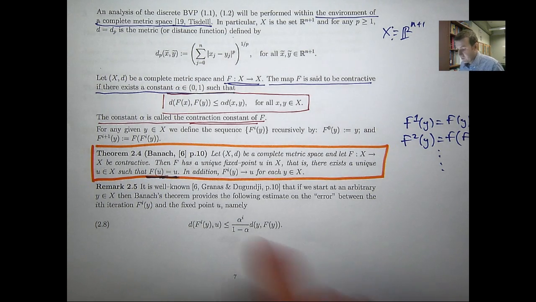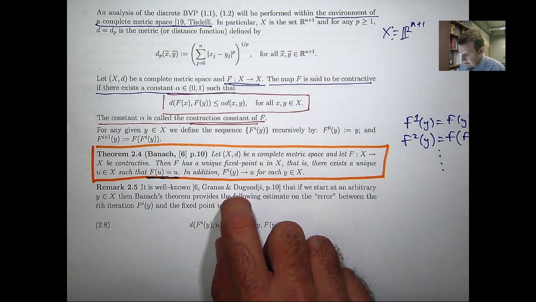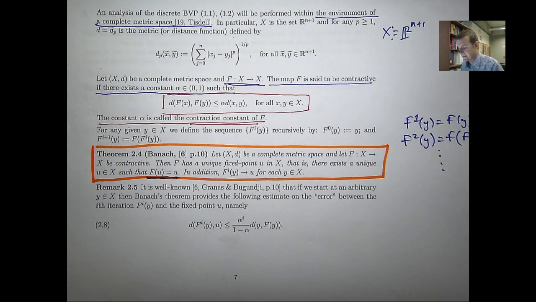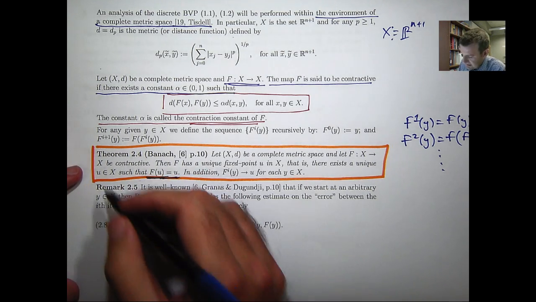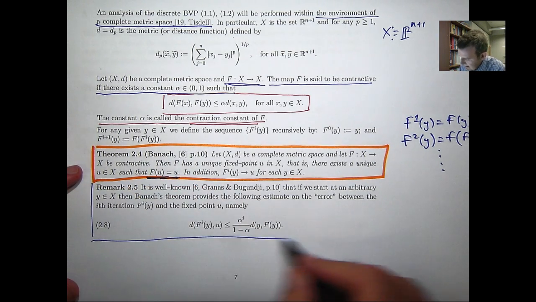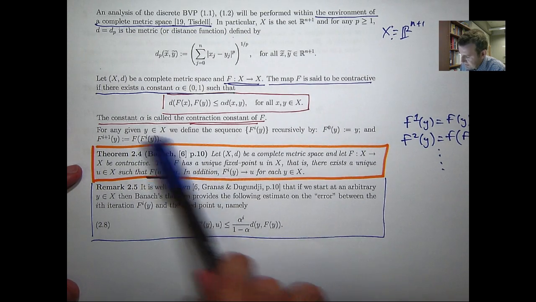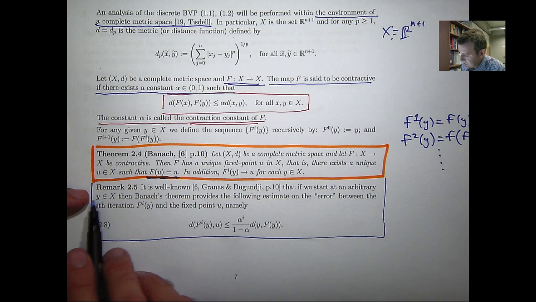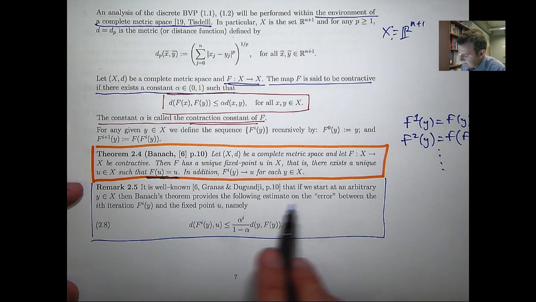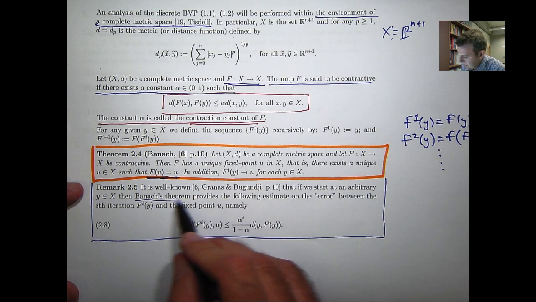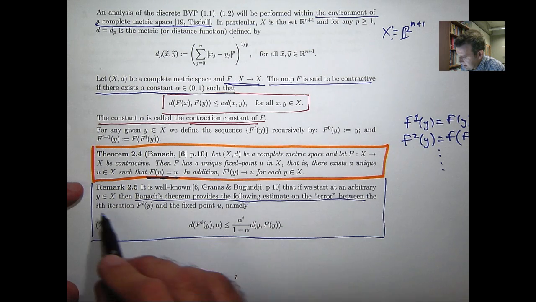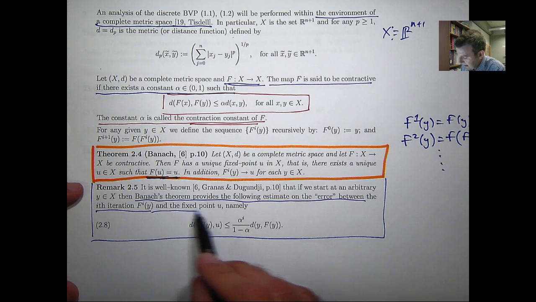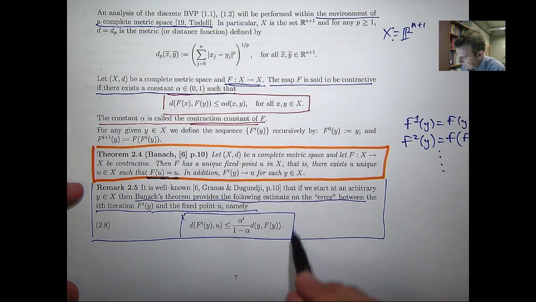Now furthermore, and I'm not going to discuss this too much in this particular presentation, mine's more about the existence and uniqueness, but under the conditions of Banach's fixed point theorem, if we start at some arbitrary element y in big X, then Banach's theorem provides an estimate on the error between the ith iteration F^i of y and the fixed point, namely this thing here.